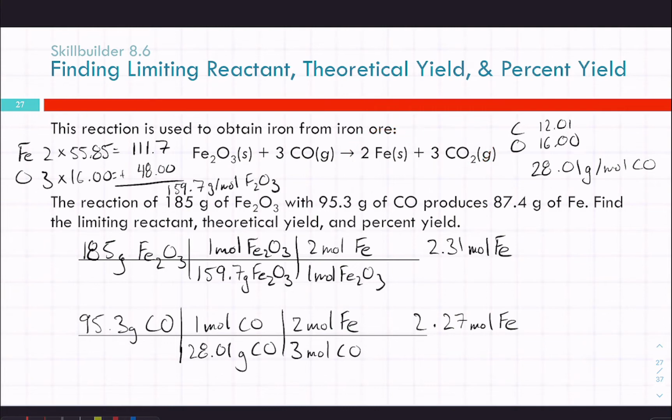So in this case, we've been given a quantity of iron that is actually produced. So we're going to use each of our reactants that we've been given quantities of to calculate a theoretical yield of iron. We figured out now that, based on these, this one is our limiting reactant.